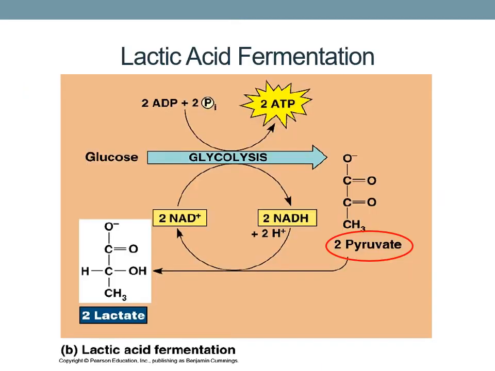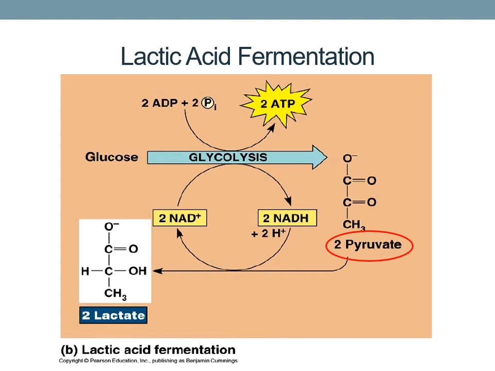During glycolysis, only two molecules of ATP are formed. The purpose of fermentation is to regenerate NAD+. Remember that. The purpose of fermentation is to regenerate NAD+, so that glycolysis can continue and the organism can stay alive by continuing to make that two net molecules of ATP.